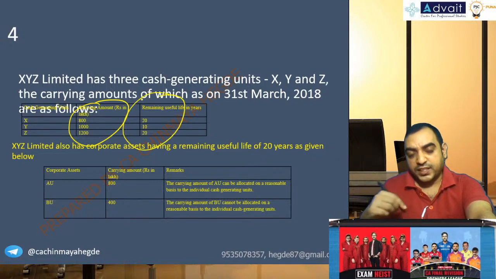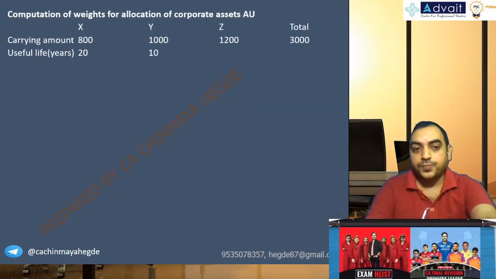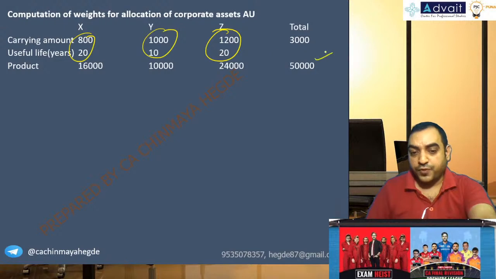But when the useful life is there, we should consider that also. So we'll do a product, we'll do a ratio, then we'll do a percentage. So useful life 20, 10 and 20, multiply for the purpose of reasonable allocation. 800 into 20, 1000 into 10, 1200 into 20, total comes to 50,000.